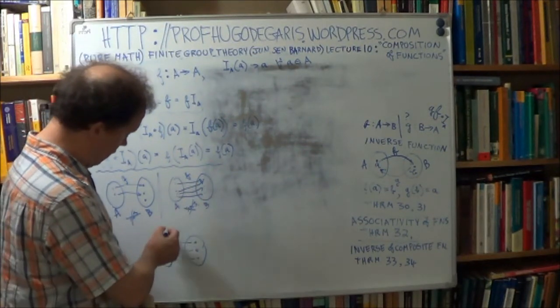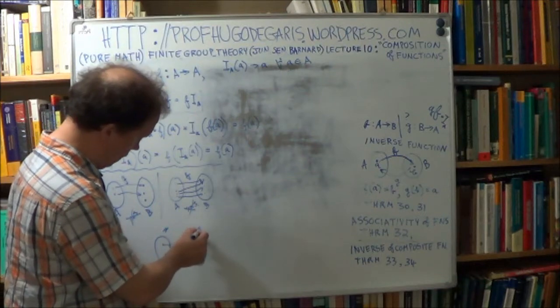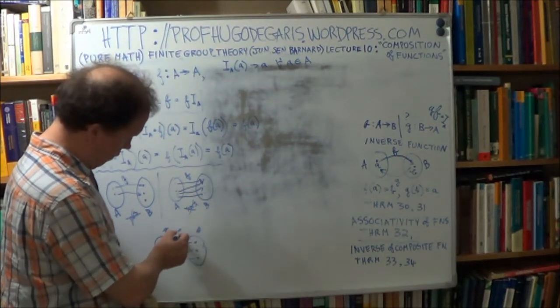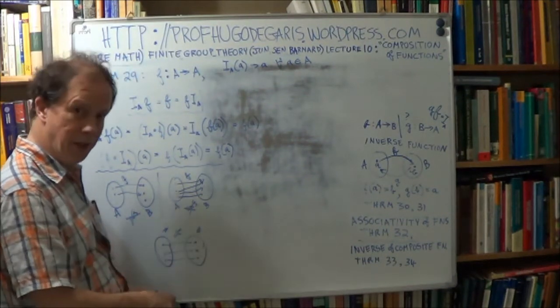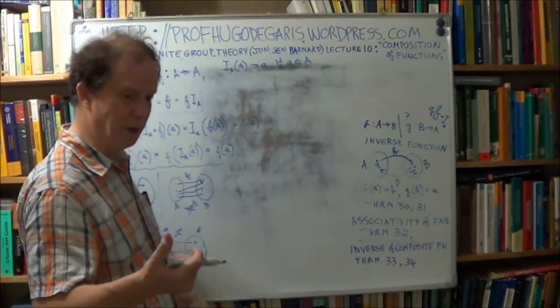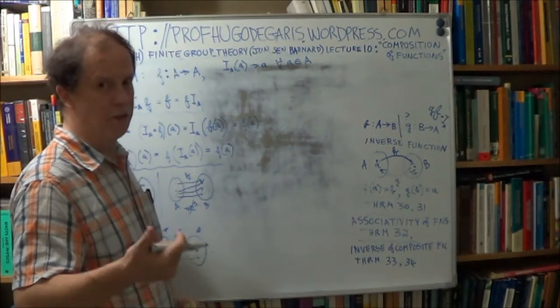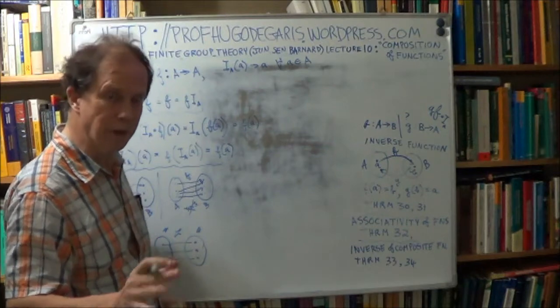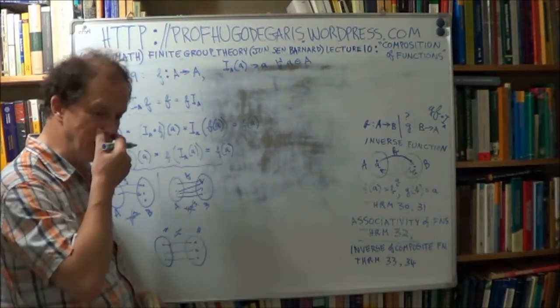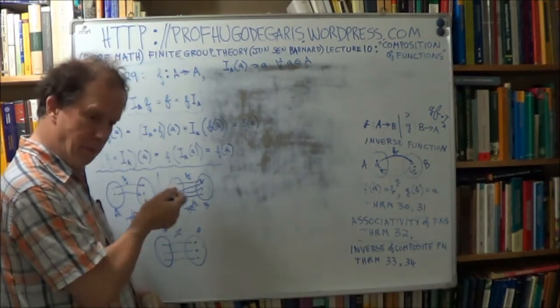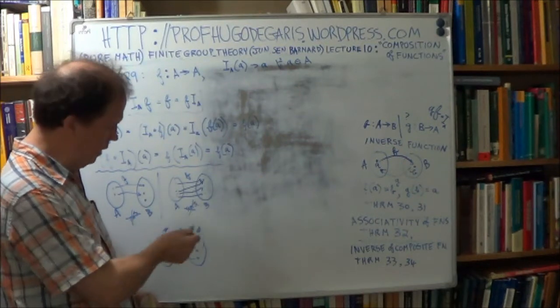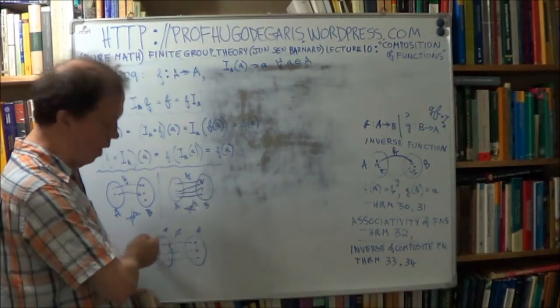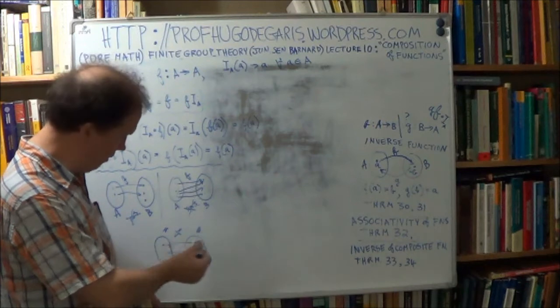So if this is your set A, that's your set B, your F, if it's bijective, remember bijective by definition means injective and surjective, both, right? Both of those properties are needed. And if you think about it, bijective means 1-to-1. So you can go either way uniquely, right?